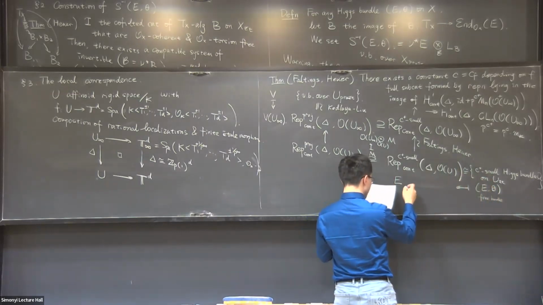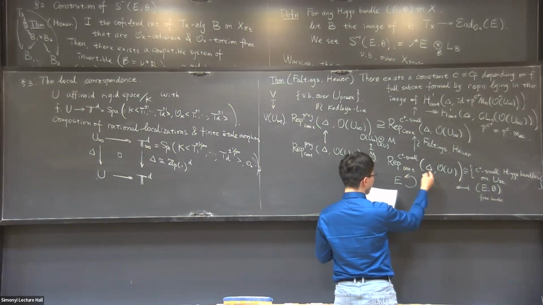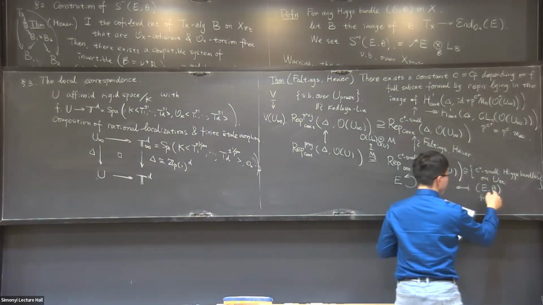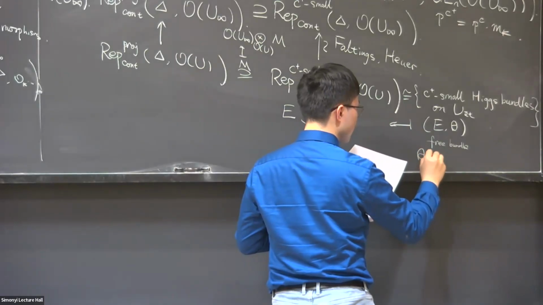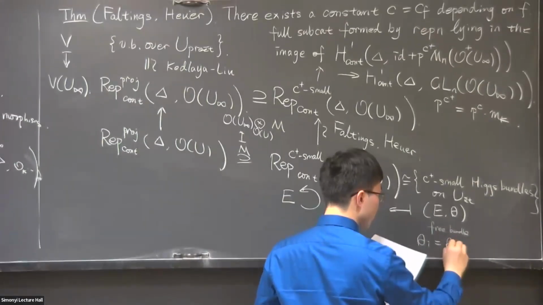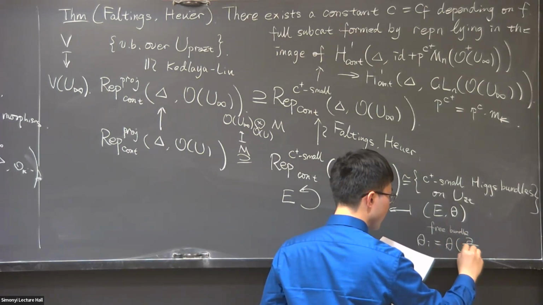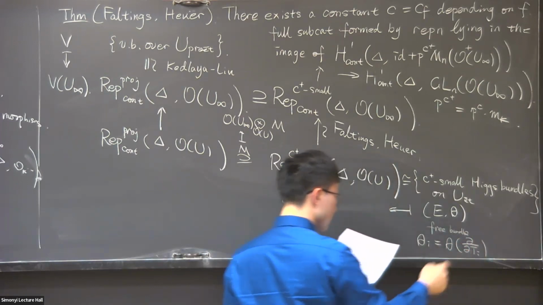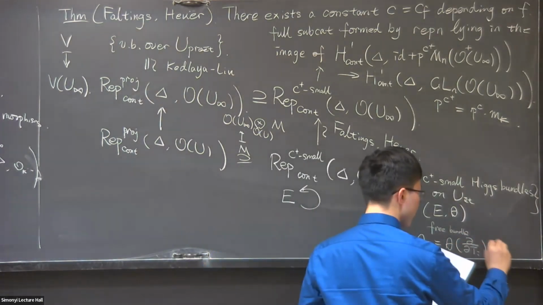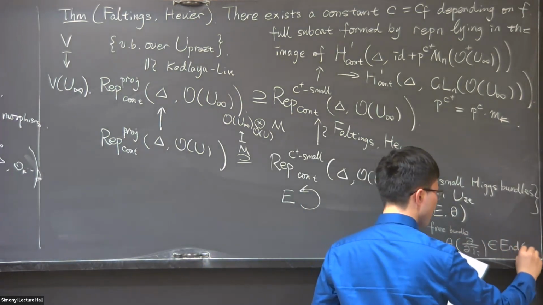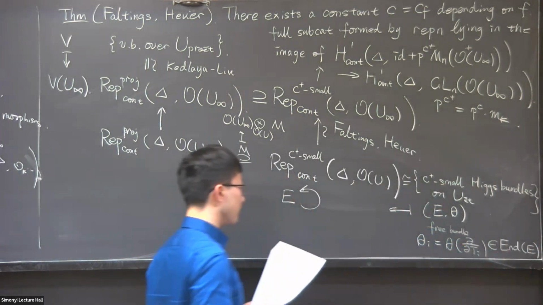And I equip it with a Galois action of Delta. So this theta will give you, by coordinate theta_i, if you evaluate theta on this derivative, this will give you an endomorphism on E. Okay.